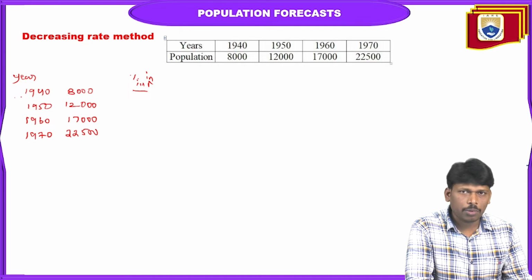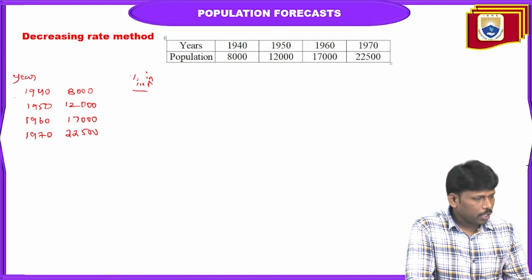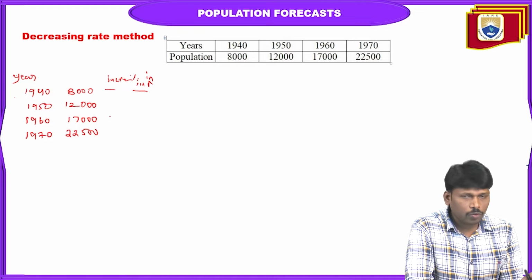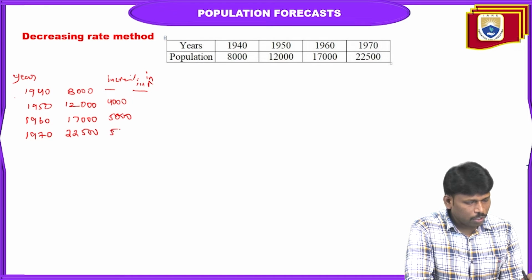For 1950, there is a previous population, that is 8,000 for 1940. Very simple. First, we need to calculate the increment. Here there is no value, and in this case the difference is 4,000, whereas in this case the difference is 5,000. And in this case the difference is 5,500.